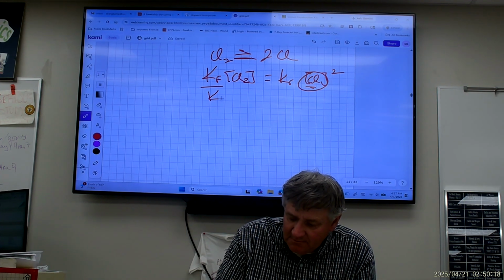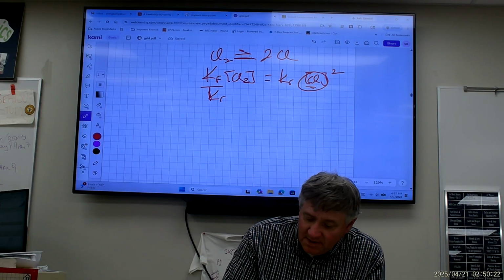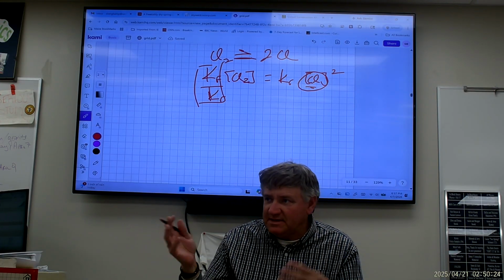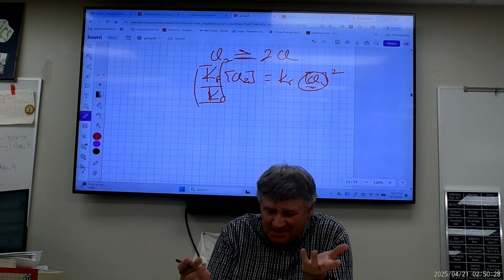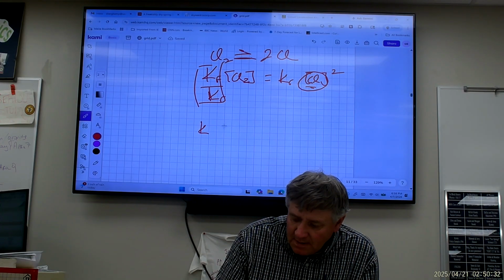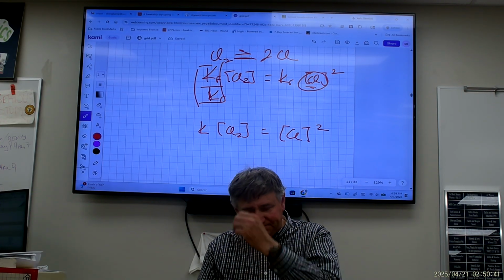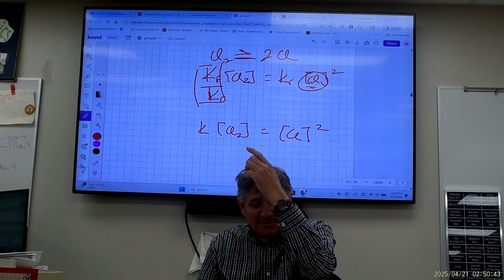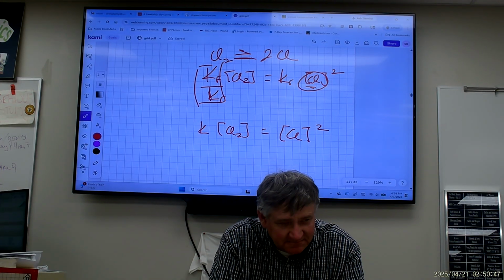So what you need to do, and this is kind of a multi-step process. If you solve this for some value of K, and you wanted to isolate the Cl because the Cl can't be there, I'm going to divide by K of the reverse, okay? So this is just going to be a different value of K. Anytime you divide K, you just get a different value of K. So you get K times the concentration of the chlorine equals the concentration of Cl squared. Okay? But you can't have Cl in the reaction.